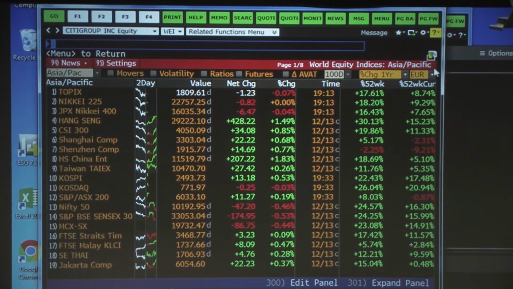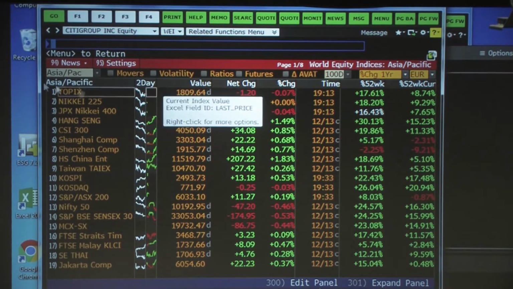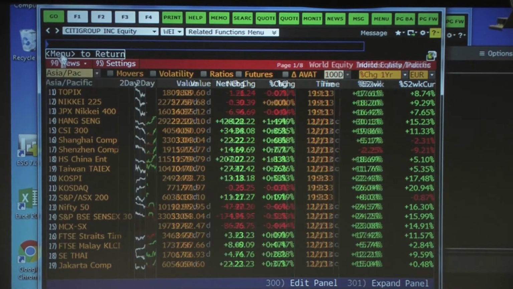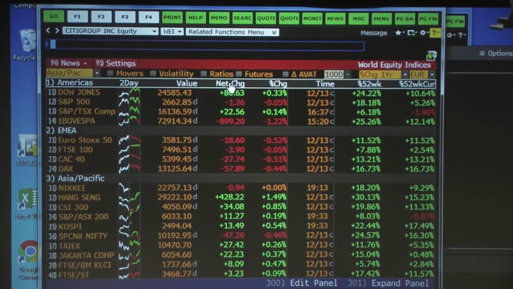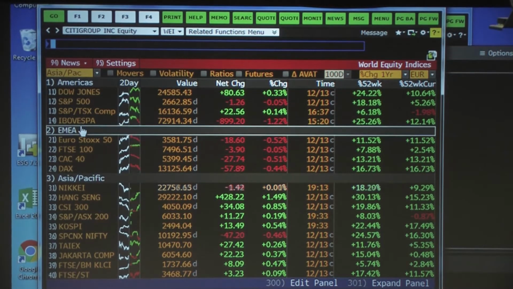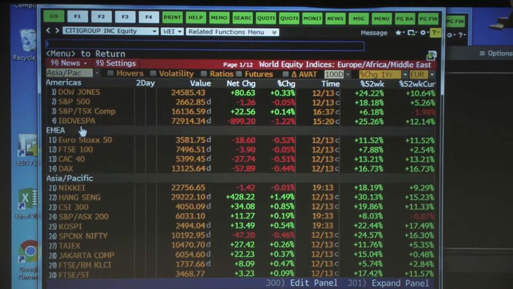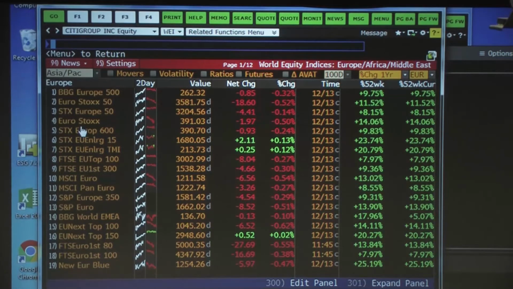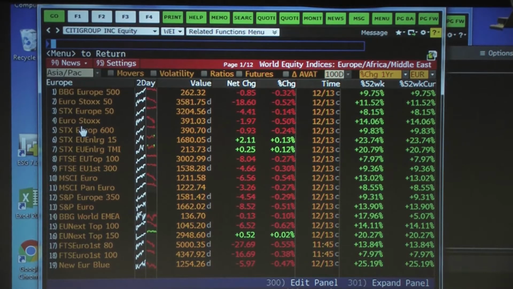So let's look at the Russian exchange. If we click that menu button, it'll help us revert to the original page. Russia would be in EMEA, I believe. I don't think I see Russia here.